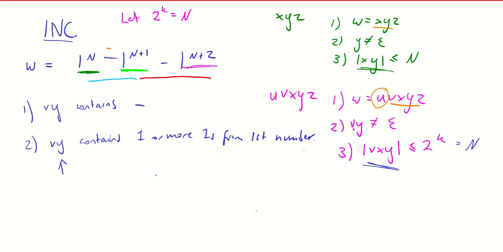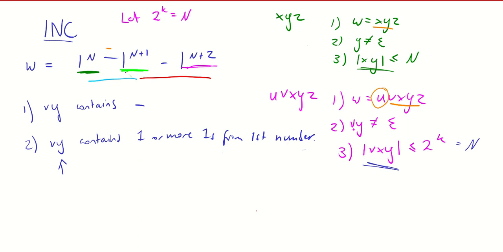And notice that if our V is in our first number and our Y is in our second number and we pump upwards, then once again, we're going to end up with numbers that are bigger than our third number. So the logic behind why each of these three cases break when pumped is the same.